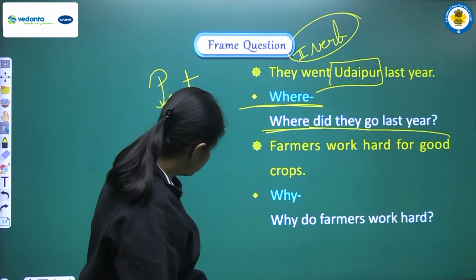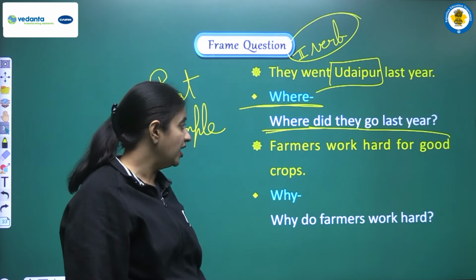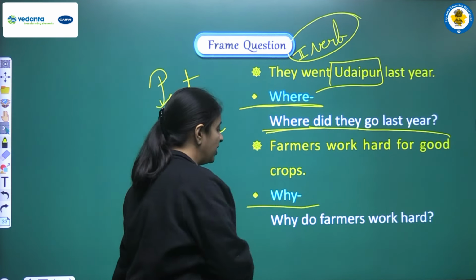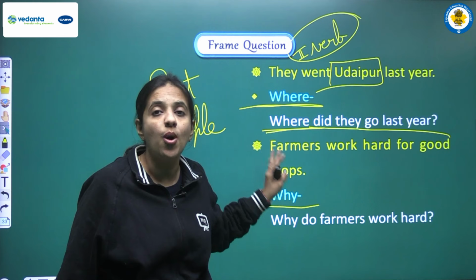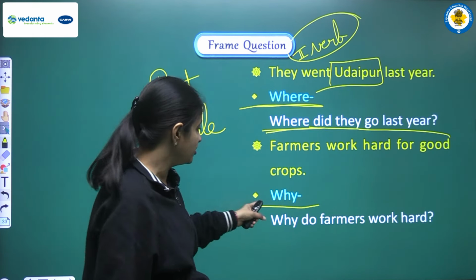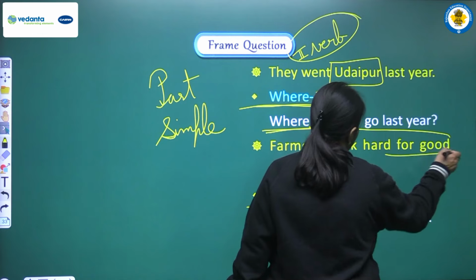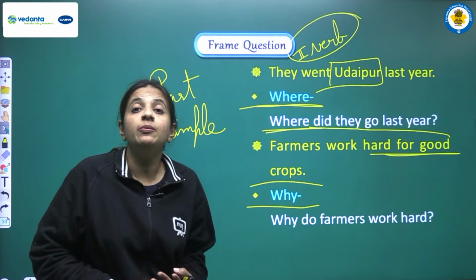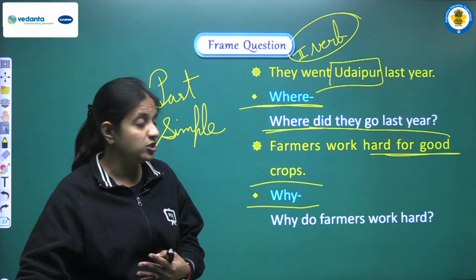Okay. Next is: farmers work hard for good crops. So this is the answer statement. We have to make the question and we have to use why here. So what is the answer of why? The answer of why is for good crops. It means for what purpose, why are they doing so.